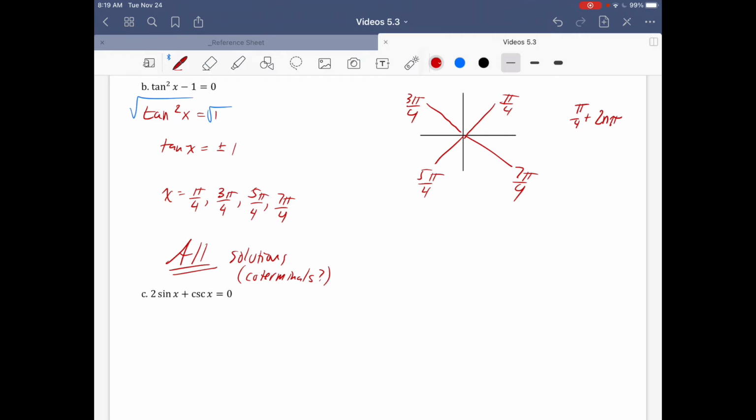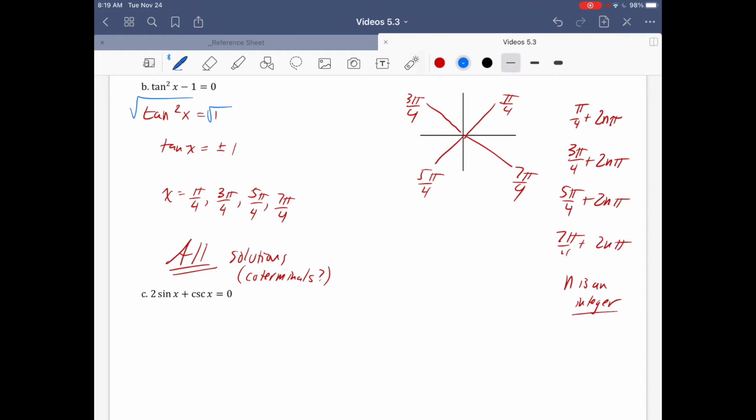And you could say 3 pi over 4 plus 2n pi. Any multiples of 2 pi would be adding revolutions. And 5 pi over 4 plus 2n pi, and 7 pi over 4 plus 2n pi, where, remember, n is an integer.